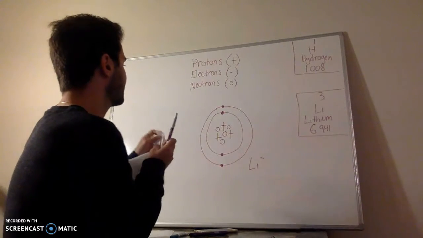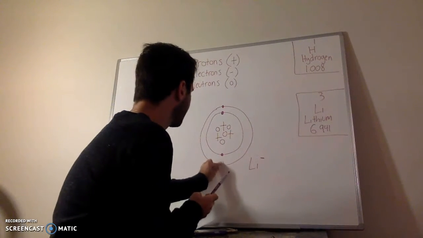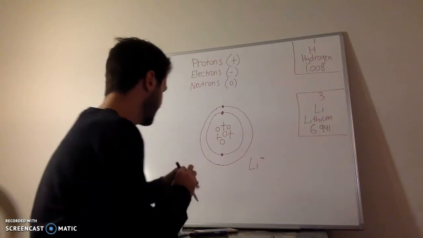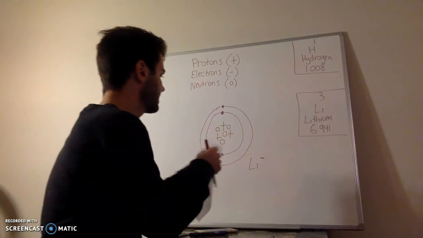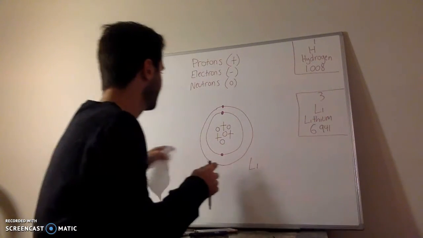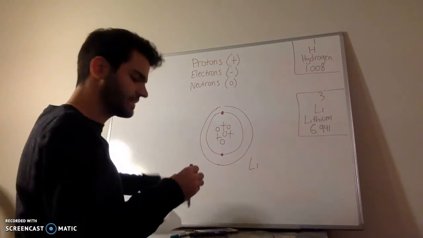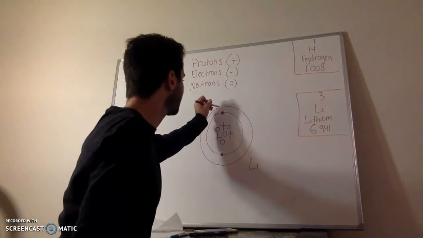Now we can kind of do the opposite here. Again, we're going to keep our 3 protons in the center. Let's say we take an electron away. So instead of having 3 electrons, now we only have 2 electrons.